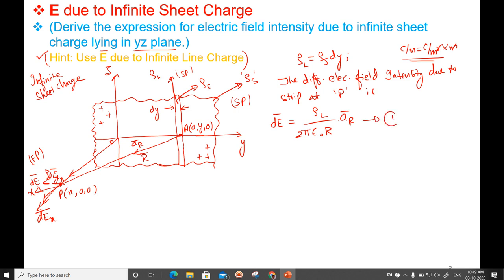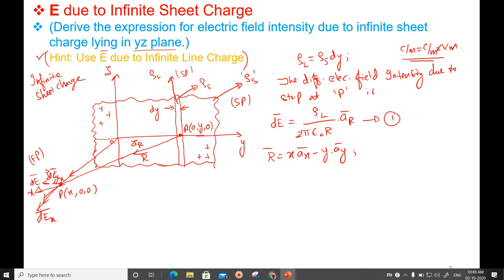So let me call this equation 1. Then rho L I can write as rho S into dy, that I will substitute. Then what is r and aR, we will find out. The vector r, from source point to field point, just subtract: x minus 0, x into aX, then 0 minus y into aY, then z is 0 minus 0, so the z component will vanish, because the infinite line charge is parallel to the z axis, so I should have only x and y.